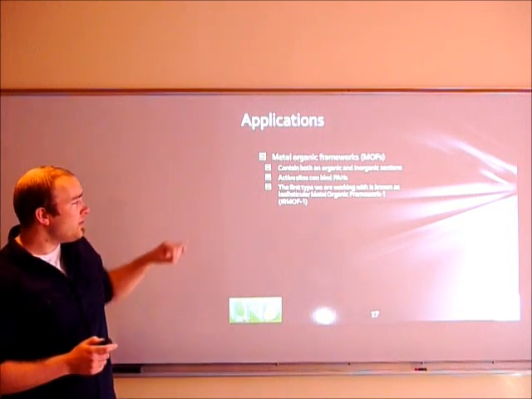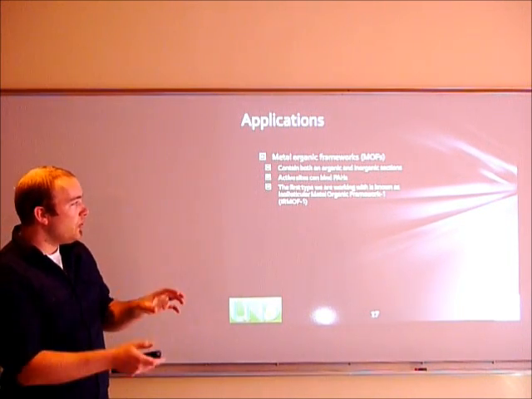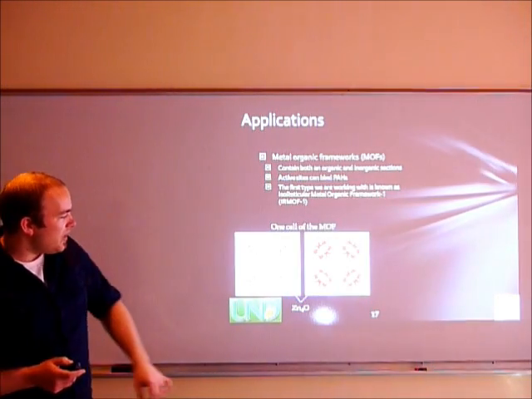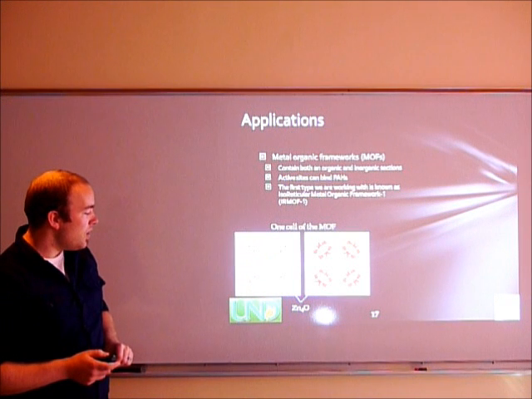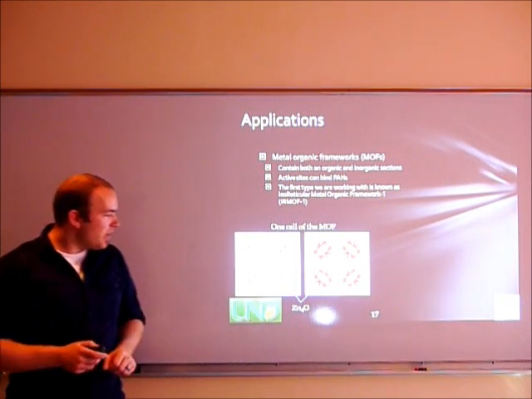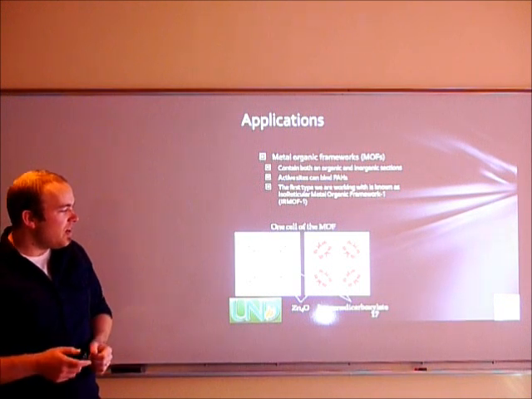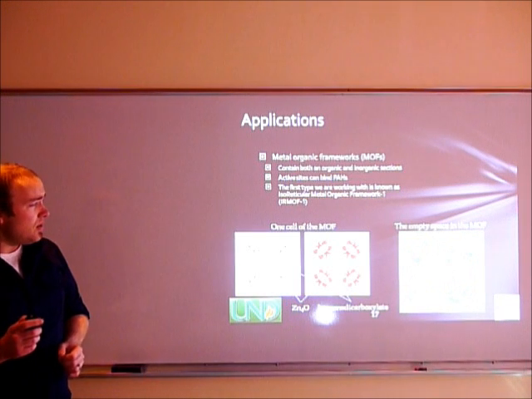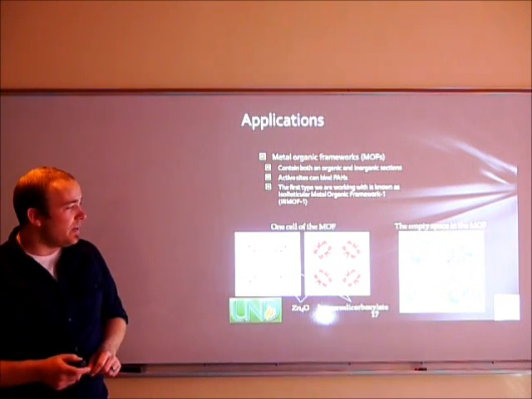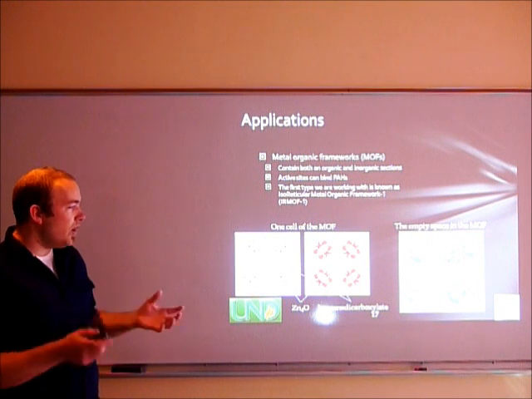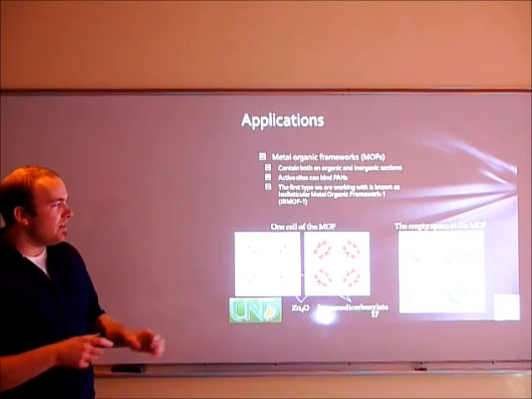So these active sites, which are oriented by the inorganic sections, which in the case that we're working with is IRMOF-1 or MOF-5. You can see here those are the inorganic sections, and the organic sections, benzene dicarboxylate, and you can see here that you have a lot of empty space inside of these porous crystals, so they can absorb quite a bit of substance, depending on the size of them.